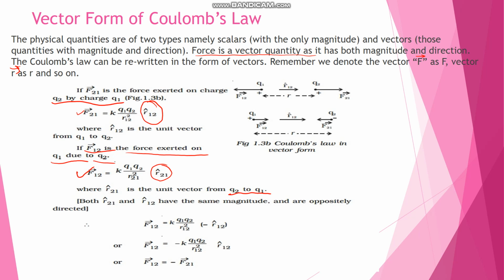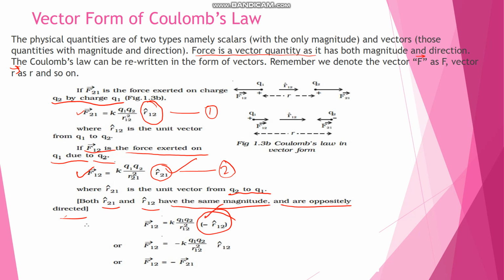If we see equation number 1 and equation number 2, both r21 and r12 have the same magnitude and are oppositely directed. So in place of r21, we have to put r12 by taking a negative sign.